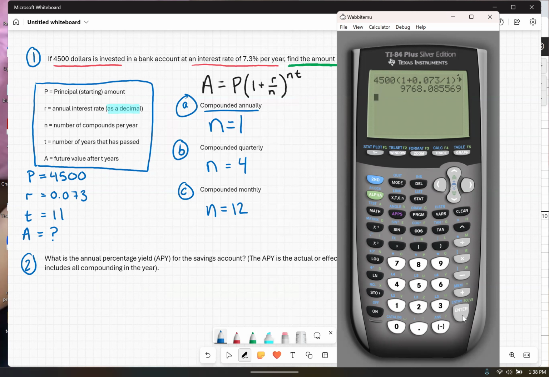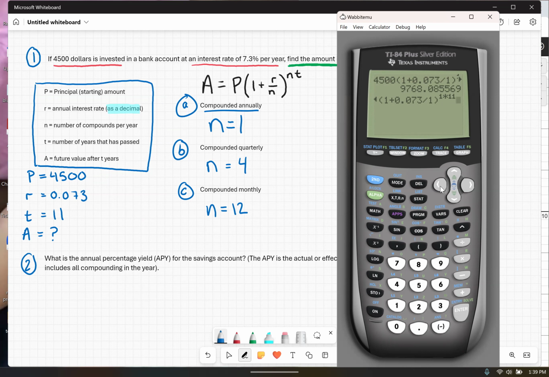Now, we're going to do the exact same thing for part B and part C, but let me show you a little trick. Rather than retyping in the entire formula with just a different N, over here above the enter key, you see in blue the word entry. So if you hit second enter, that'll copy the last thing you typed.